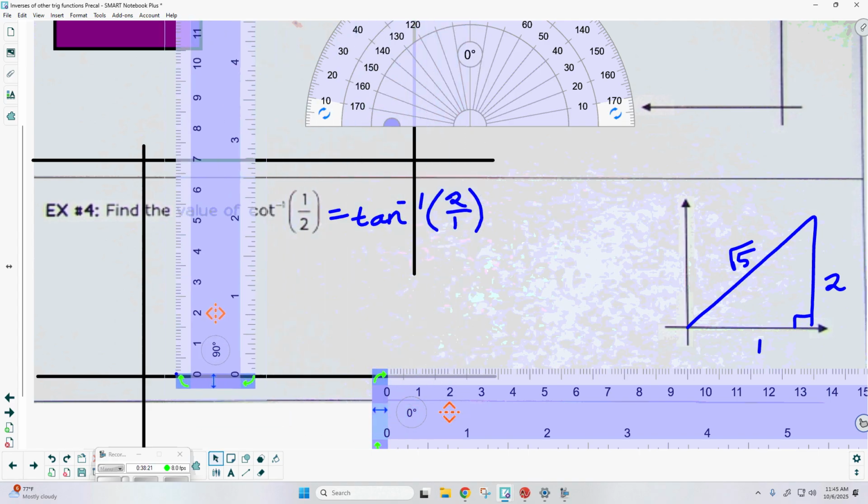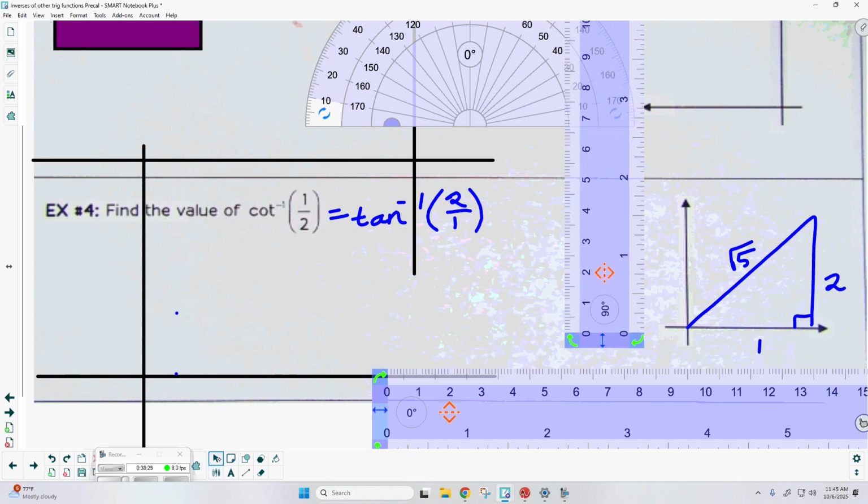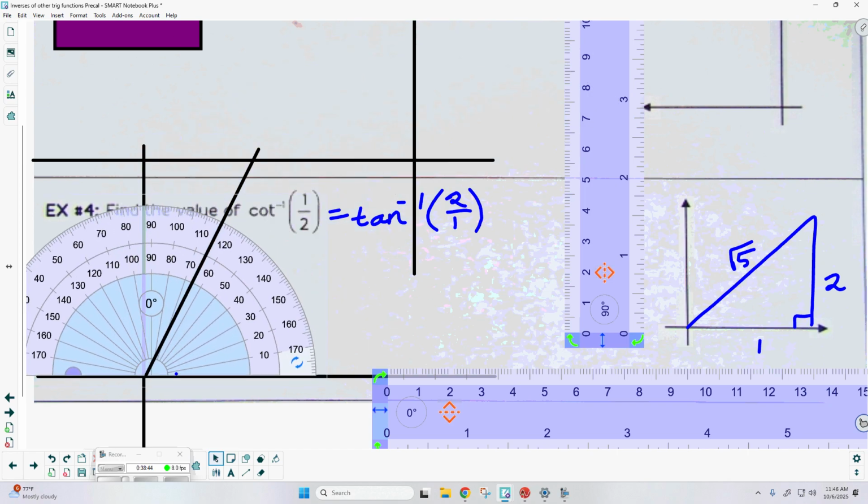Now we want to go up 2 from there. Okay. Let's get that out of the way. And if you use this, you can start at the origin. You'll draw a straight line through that point. There we go. And now all we got to do is move that protractor down.